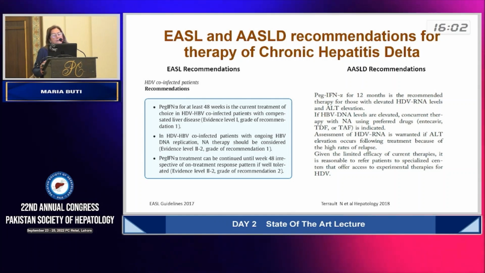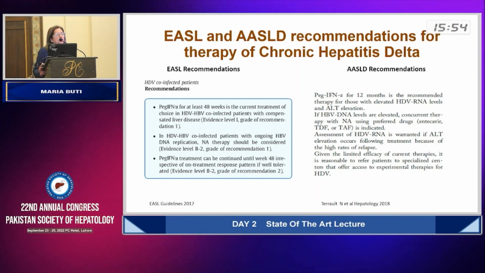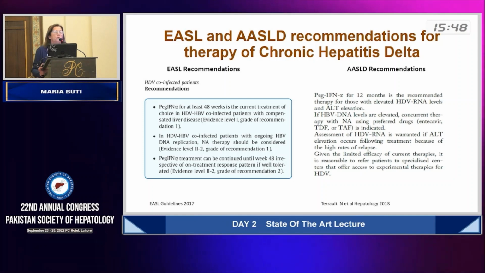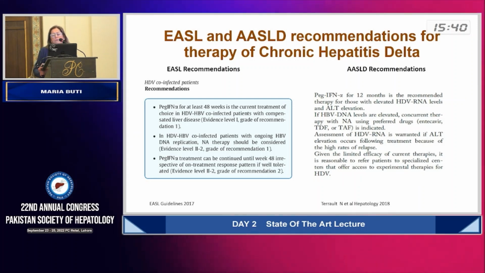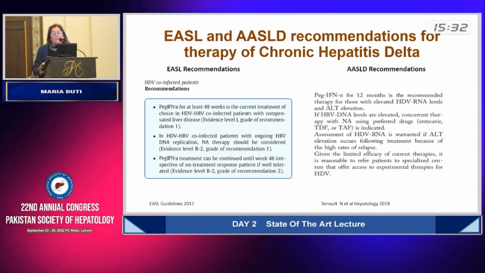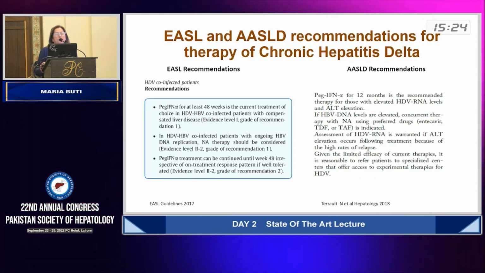In addition, the guidelines also recommend looking for hepatitis B viremia, HBV DNA, and those patients with detectable viremia for B are also candidates for treatment with nucleoside analogs. And finally, the recommendation of AASLD is that, given the limited efficacy of the current treatment with interferon, it seems reasonable to refer patients to specialized centers that offer access to experimental therapies for hepatitis delta.